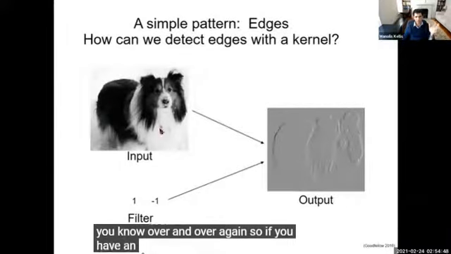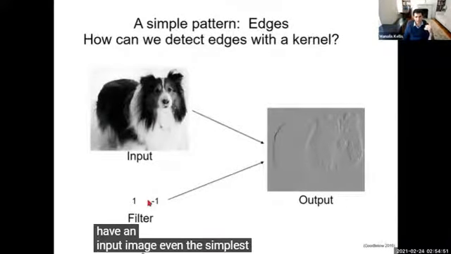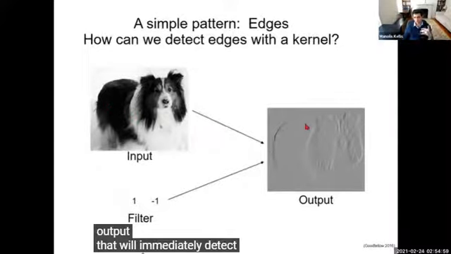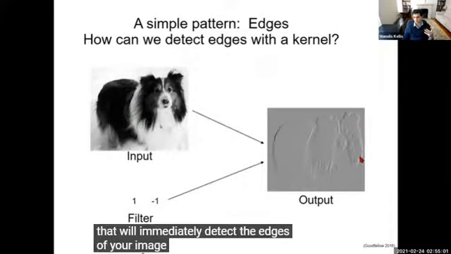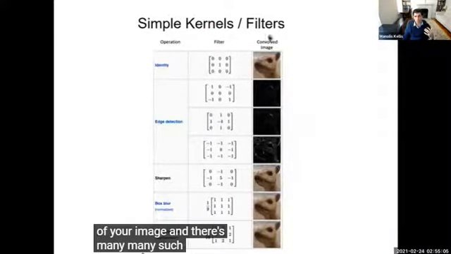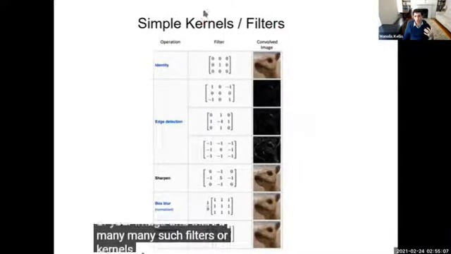So if you have an input image, even the simplest filter of 1 - 1 will basically result in an output that will immediately detect the edges of your image. And there's many, many such filters or kernels.